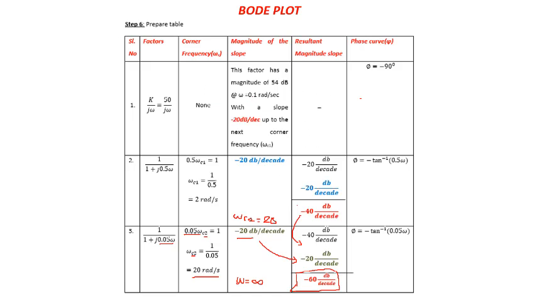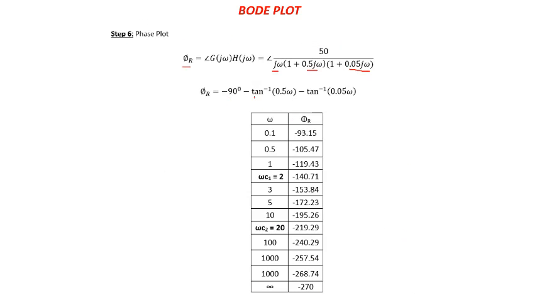So from the previous table we have phi equal to minus 90 degrees minus tan inverse of 0.5 omega minus tan inverse of 0.05 omega. We add these here, so that is minus 90 degrees minus tan inverse of 0.5 omega minus tan inverse of 0.05 omega. Then we need to find the corresponding phi r value for various values of omega.